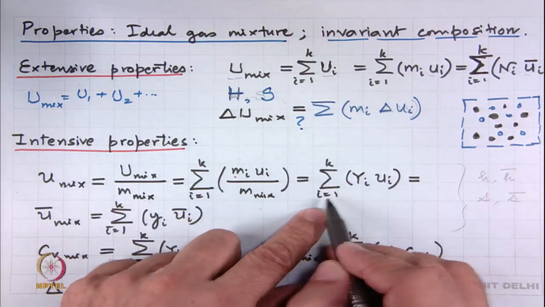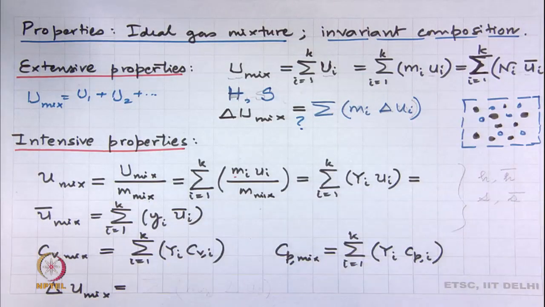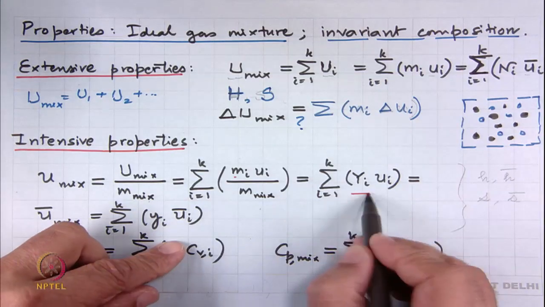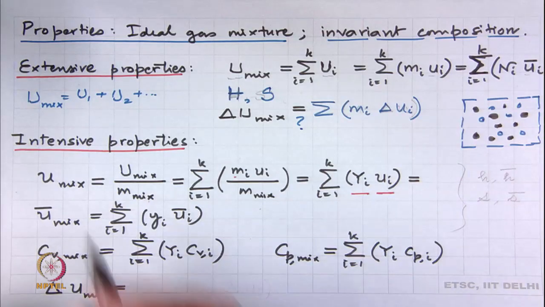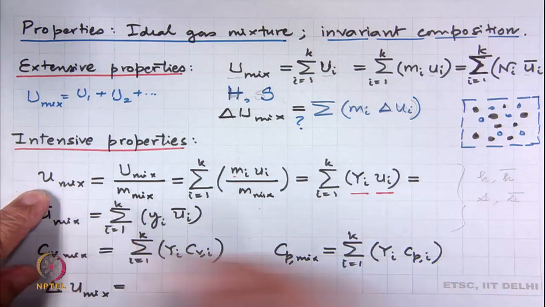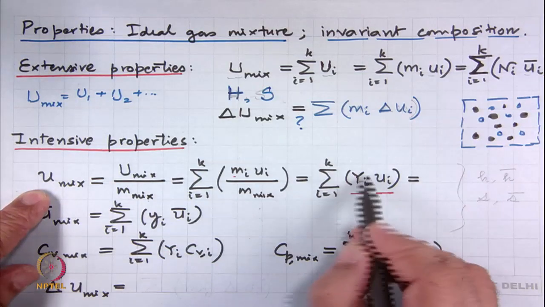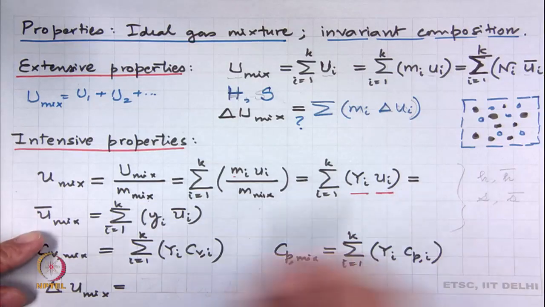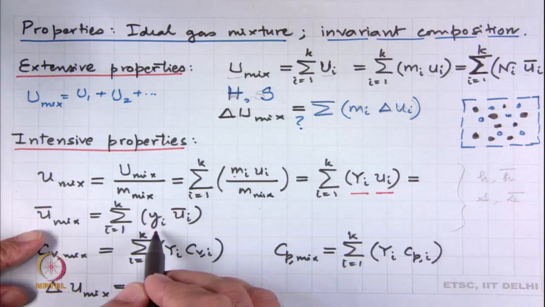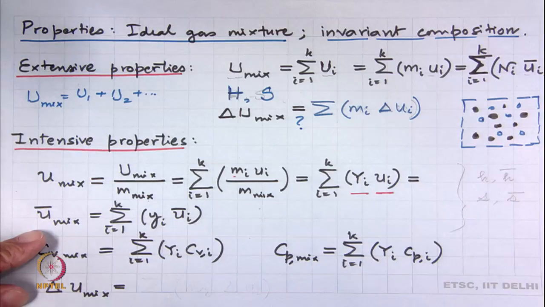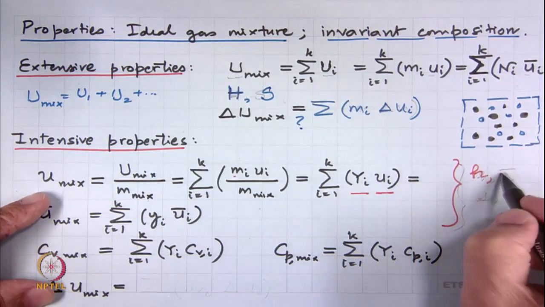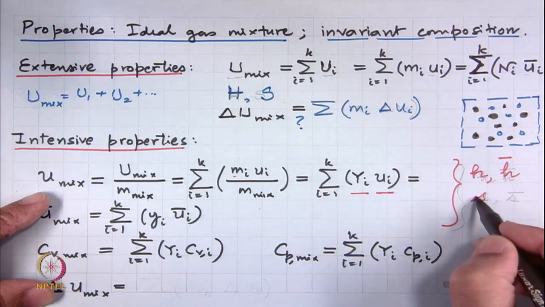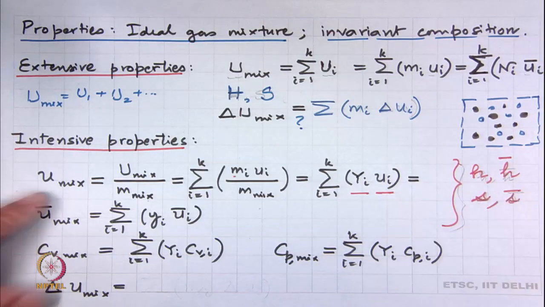Simplifying it, this becomes the product of the mass fraction and the specific internal energy. So that is a very nice thing to have, that U mix is equal to the summation of Yi, the mass fraction, into ui, or yi, which is the molar fraction, multiplied by the molar specific property. And one can do this and get h, h bar, s and s bar.